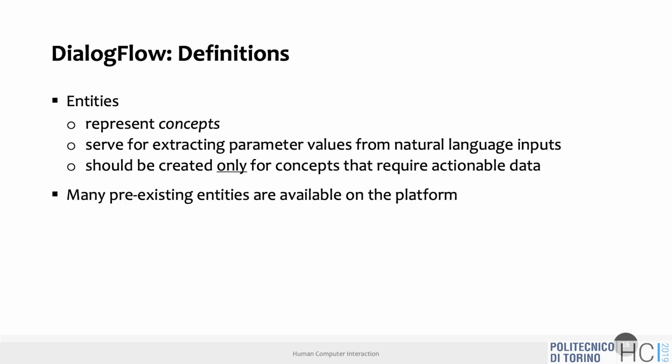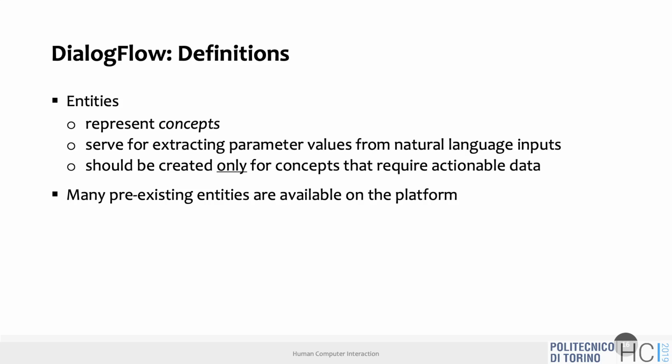Then we have entities. We are not going to create new entities typically. We are going to use them for sure. Entities represent concepts, while intents represent a small part of a conversation, a request from the user and the response from the agent.